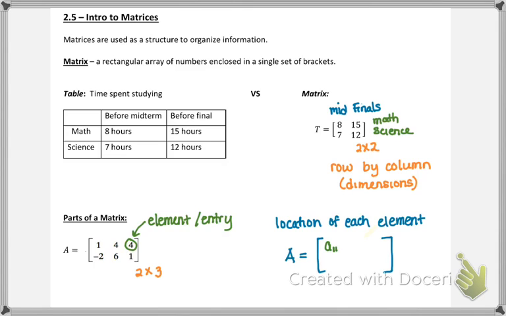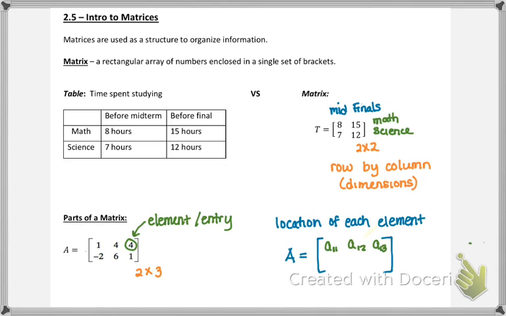Okay, the 4 right next to it is an element of matrix A, so we could say its location is little a, located in the first row, 2nd column. So 1, 2. And then the 4 that I circled is in the first row, 3rd column, so we say that its location is A sub 1, 3.